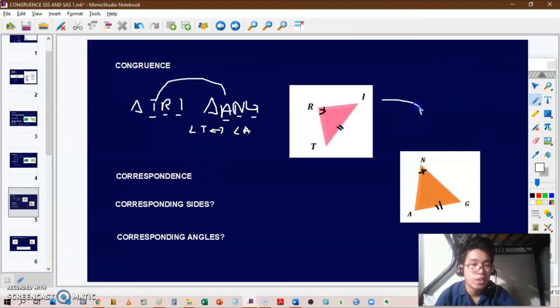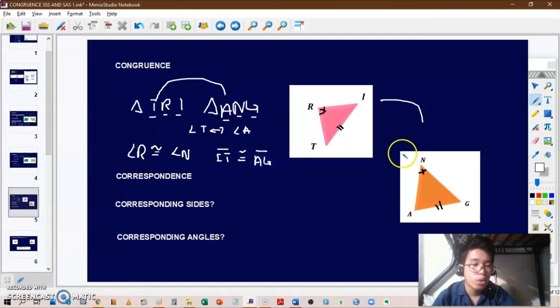And for example, we have here two triangles. What are the corresponding sides, given that angle R is congruent to angle N, and line segment IT is congruent to line segment AG?